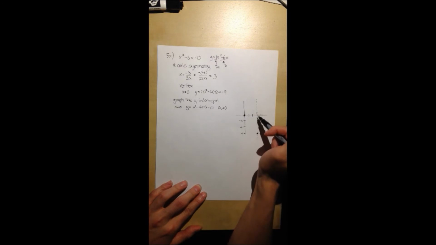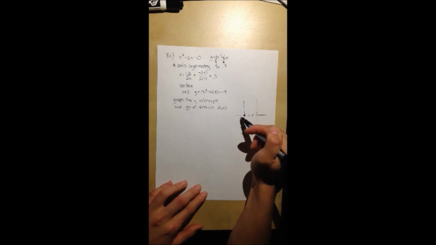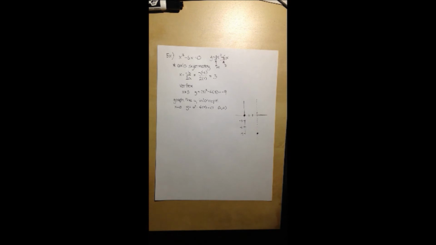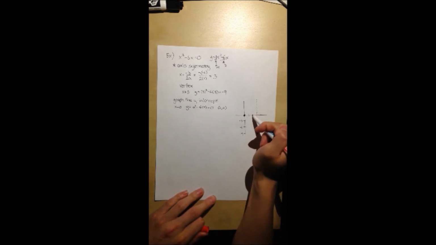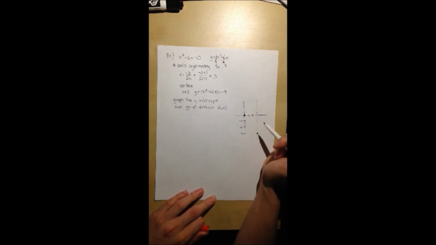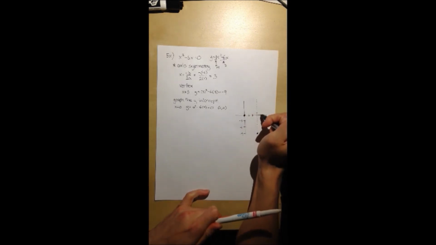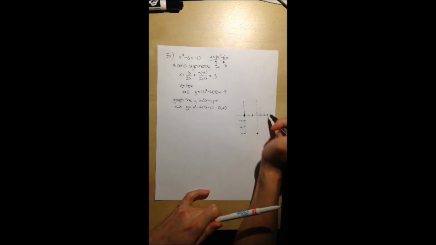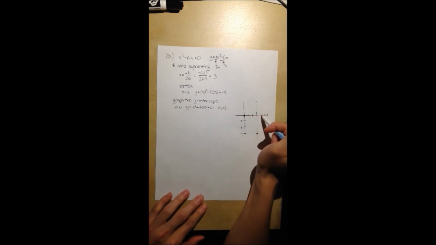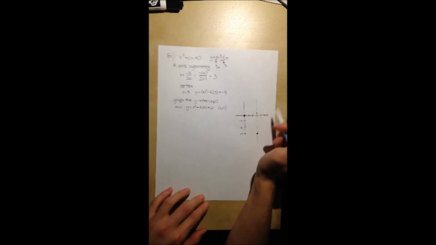Over here, there's got to be another point on this right side that's exactly like this left side. So let's count. 1, 2, 3. Again, let me count again. 1, 2, 3. So it's 3 spaces to the left, which means we're going to do 3 spaces to the right. 1, 2, 3. So 3, 4, 5, 6.